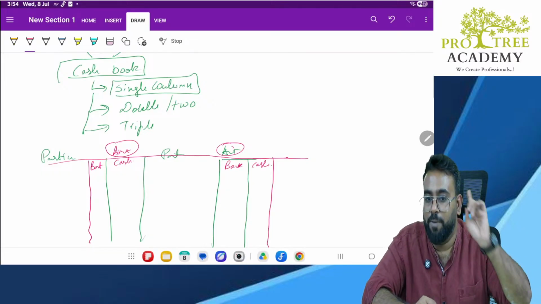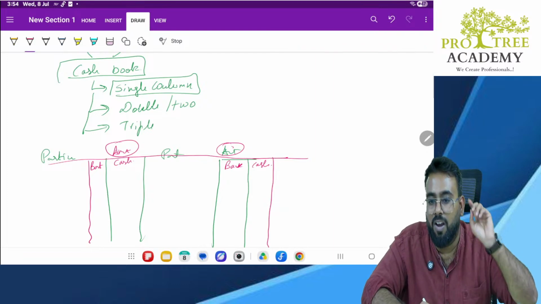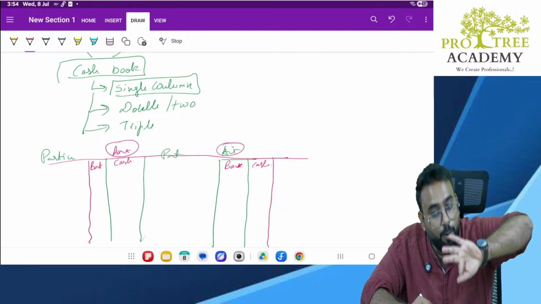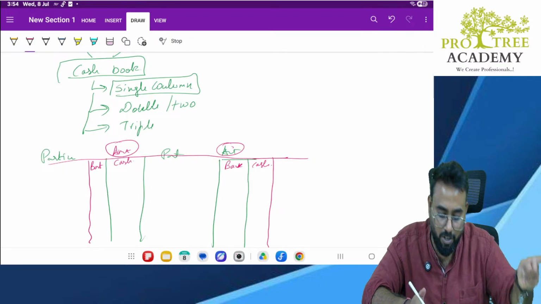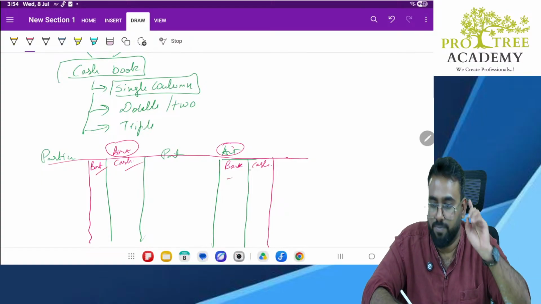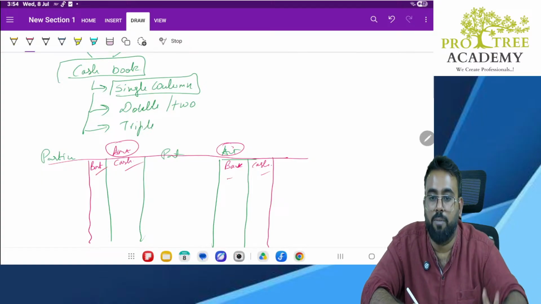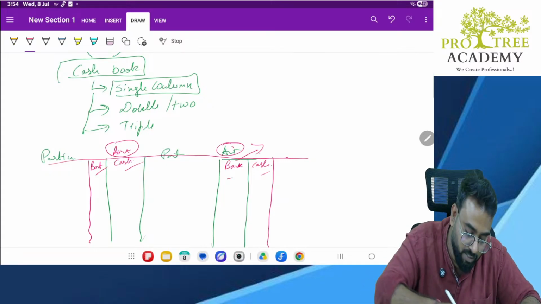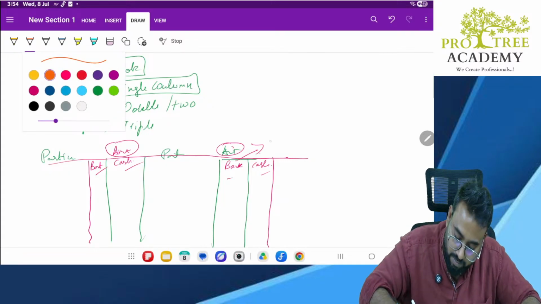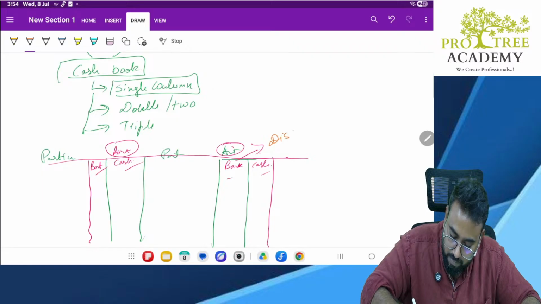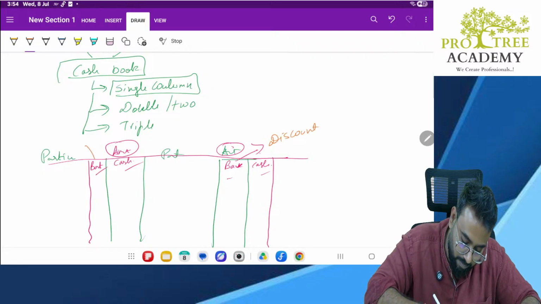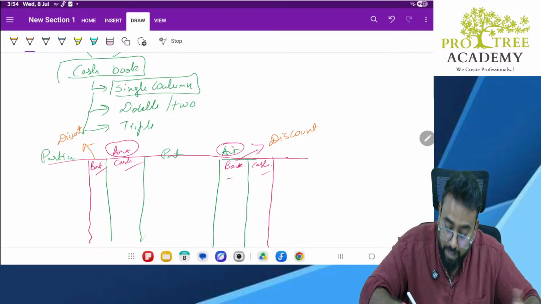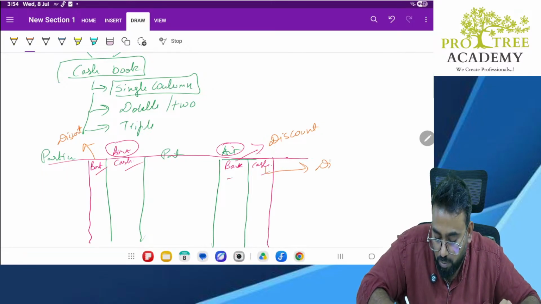One column I am using for bank, one column I am using for cash, on both the sides, on the debit side also, on the credit side also. This is called a double column cash book. Instead of bank, we can even use discount, or instead of cash also you can use discount.